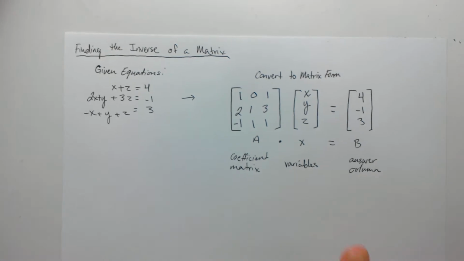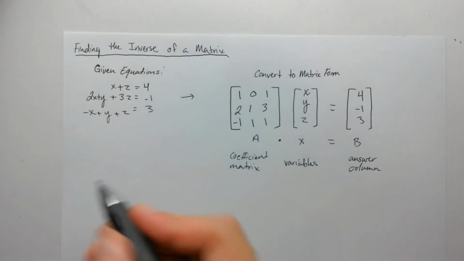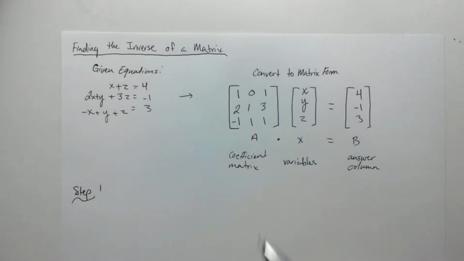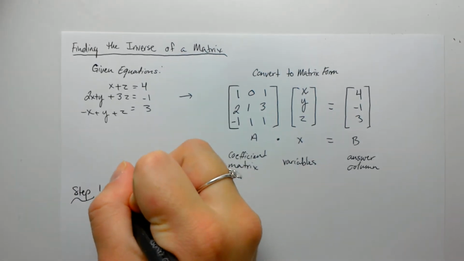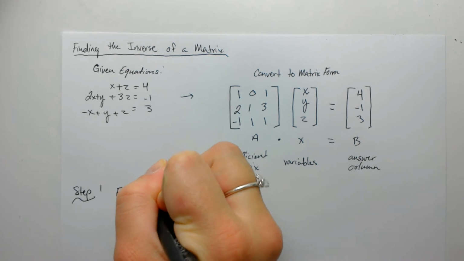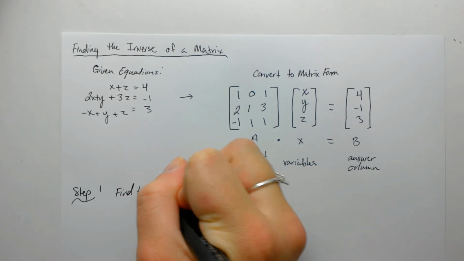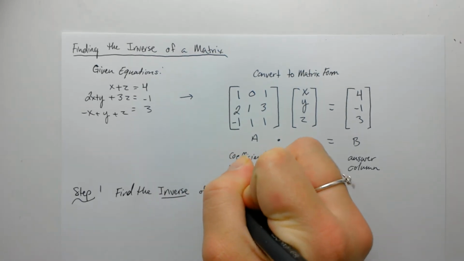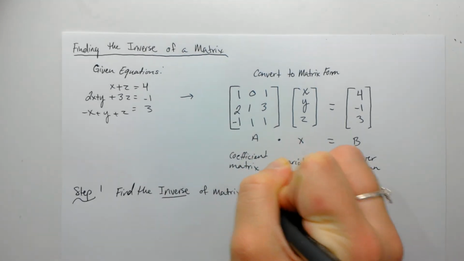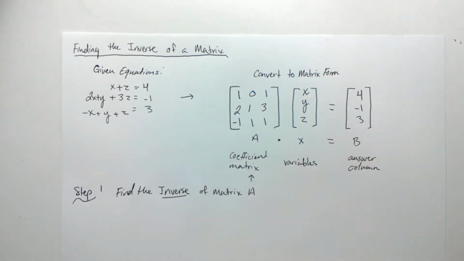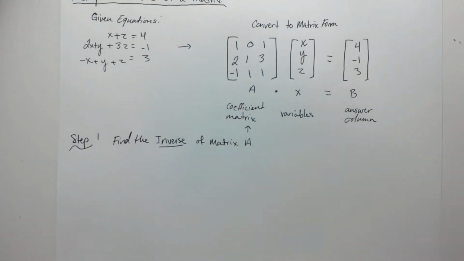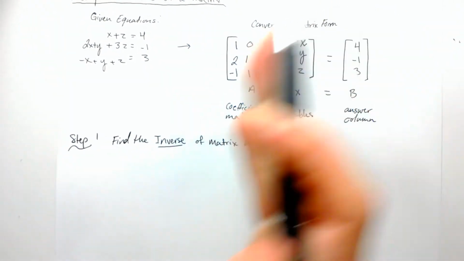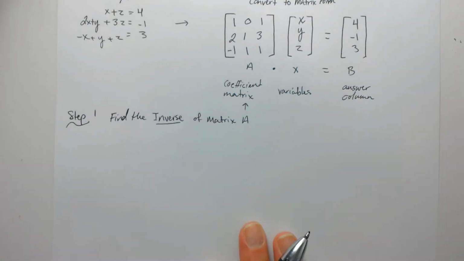Okay, so now that we have that, our first step here is to find the inverse of matrix A. First you're going to set up your matrix A compared to the identity matrix.